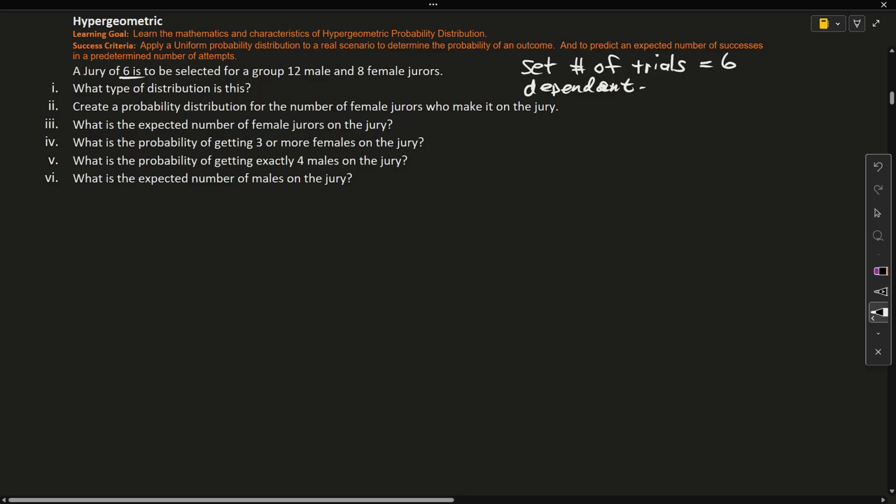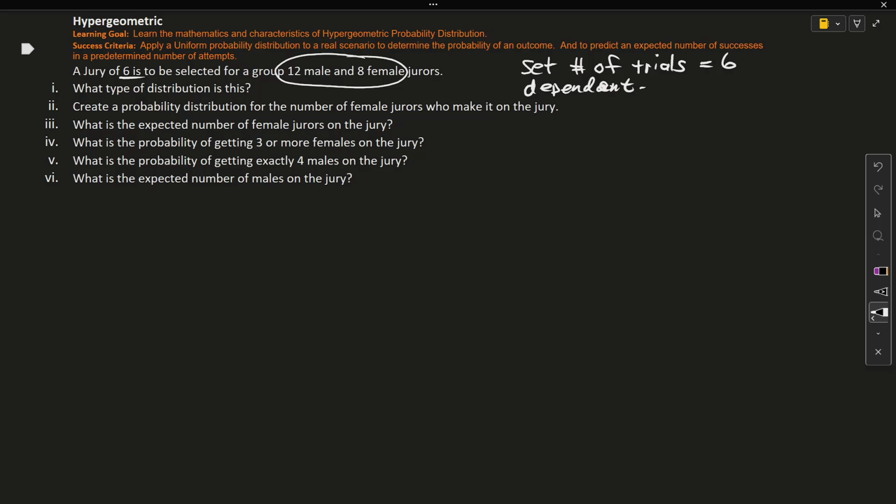It's dependent because there's a small pool to choose from, unlike the binomial distribution where you're choosing possibly from a vast quantity of items and you don't significantly alter the proportions of objects in there, so your chances of success and fail do not change as you choose items from the pool.